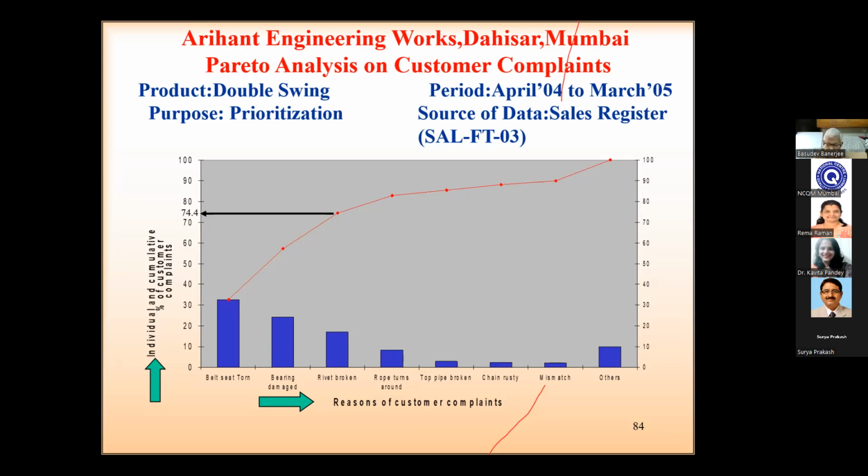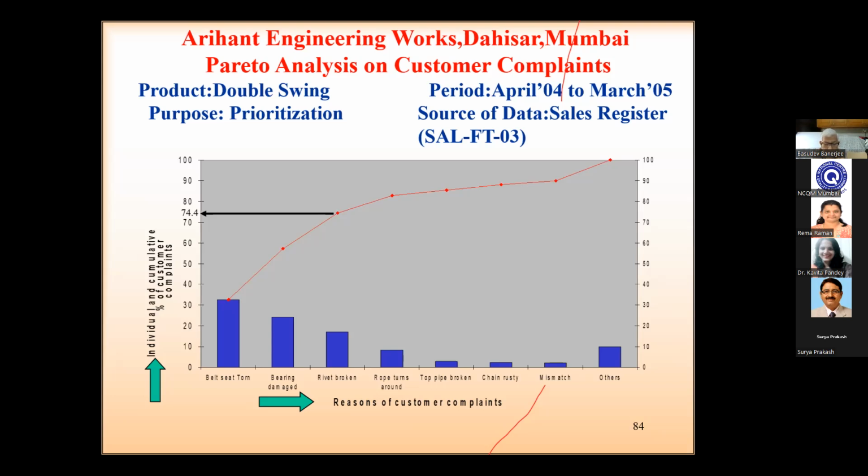The highest customer complaint is from belt seat torn, and as we shift towards the right, at a particular point, you will see something like a break even, more than 50%, which has contributed more than 50%. Any other person who can help me in interpreting?